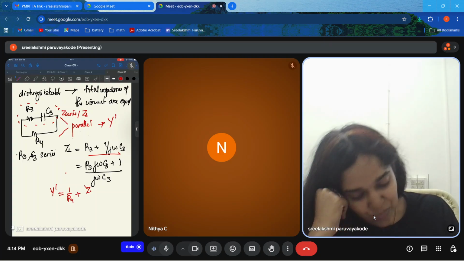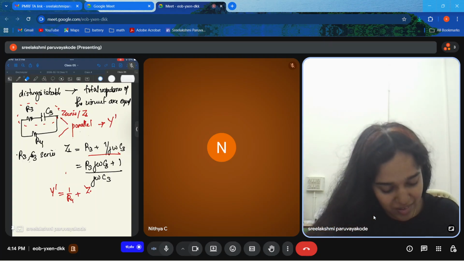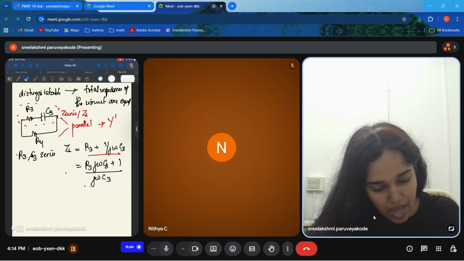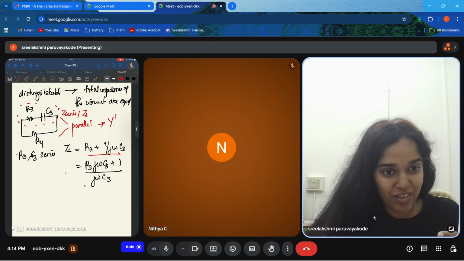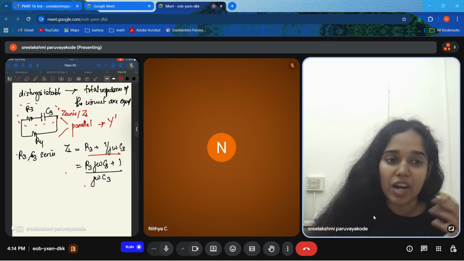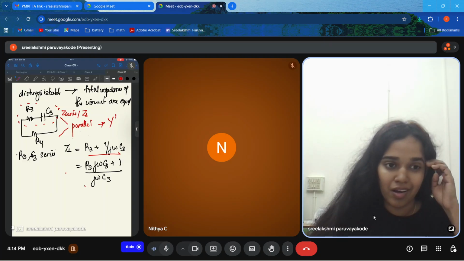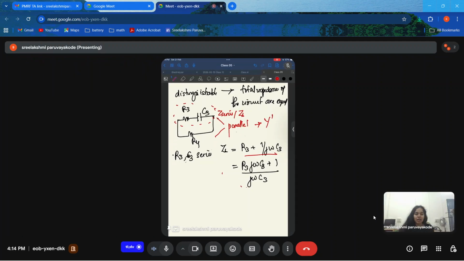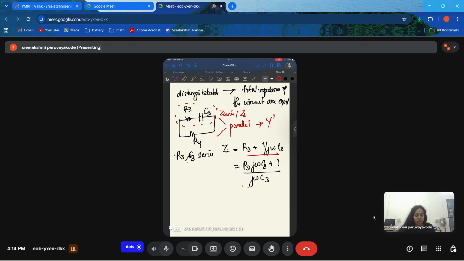But then, okay, I'll just simplify it instead of doing this. I can either go in admittance mode, where I'm simply adding the admittance of each arm, or I can consider them in parallel and then add up the admittance form. Either way it will work. Presently I'll go with the normal impedance mode itself.